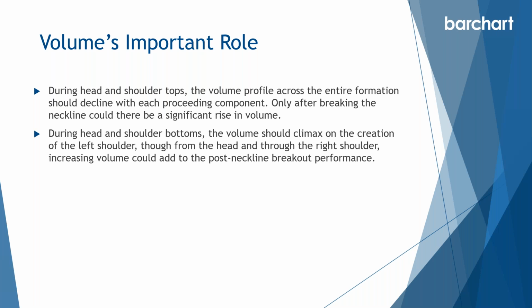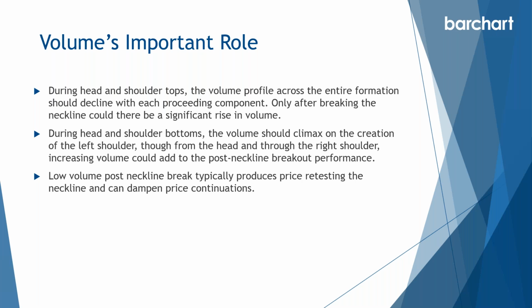Now, bottoms, we want to see a spike in volume on the left shoulder and typically equal or less to the head, and then an increase from the head through the neckline break. Now, the increase in volume on a neckline break increases the post-break performance.